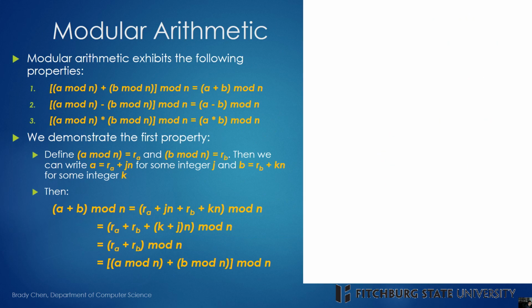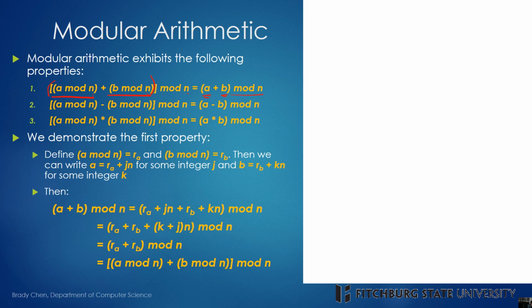Now here are some more properties of modulo arithmetic. Property number 1: (A mod n plus B mod n) mod n equals (A plus B) mod n.